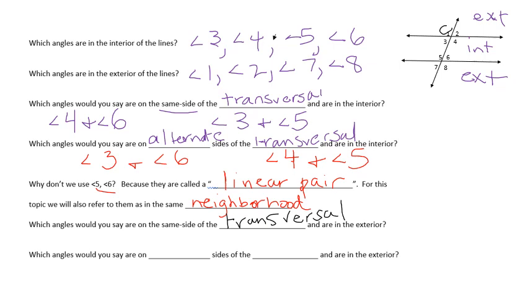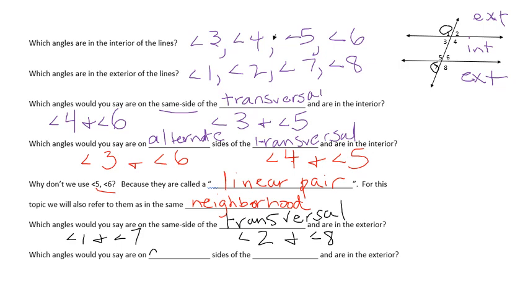So we have a 1 and a 7 that are on the left and exterior, and we have a 2 and an 8, I'm sorry, not a 6, my apologies, that should be an 8, that are on the right and in the exterior.